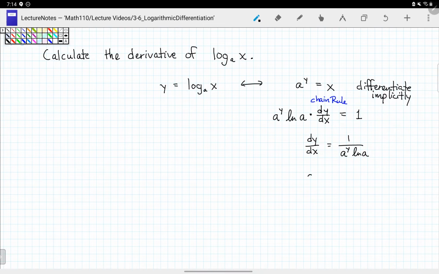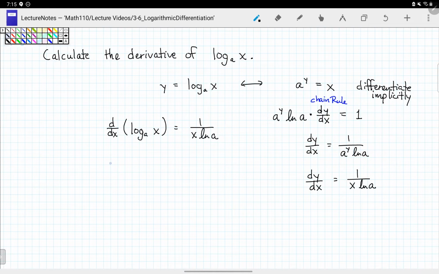And so we have dy/dx is equal to 1 over x times the natural log of a. Okay, so this gives us that the derivative with respect to x of the log base a of x is equal to 1 over x times the natural log of a.